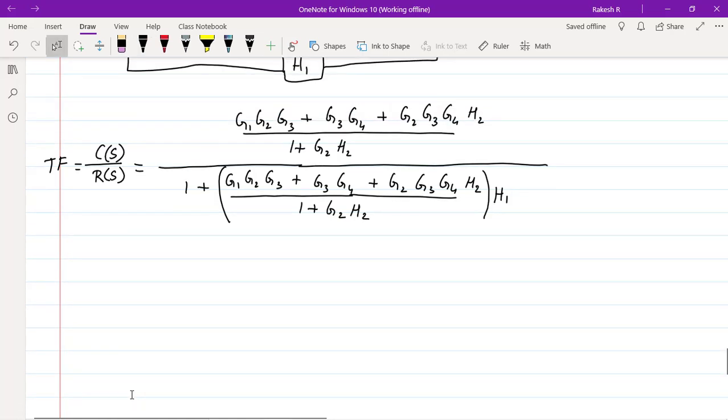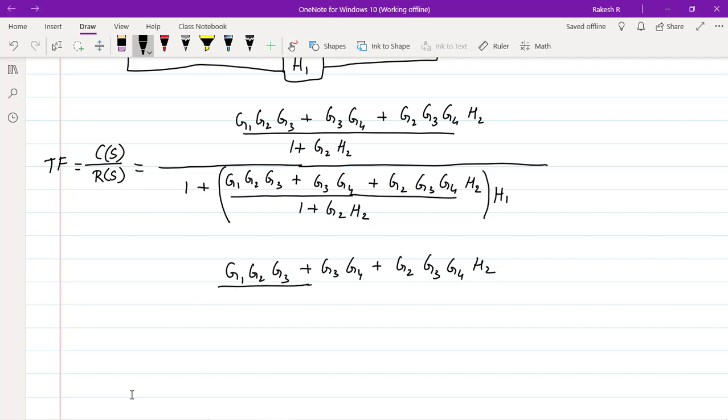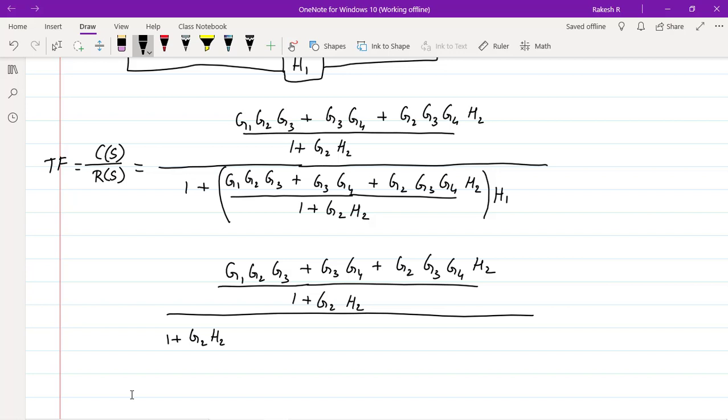First I shall write what is there in the numerator, G1 G2 G3 plus G3 G4 plus G2 G3 G4 H2 whole divided by 1 plus G2 H2, whole divided by, here the denominator is there, so I shall take the LCM of that, 1 plus G2 H2 plus, then I need to multiply the complete thing by H1 here.